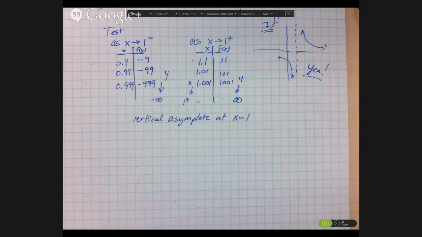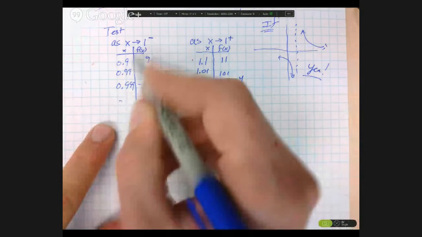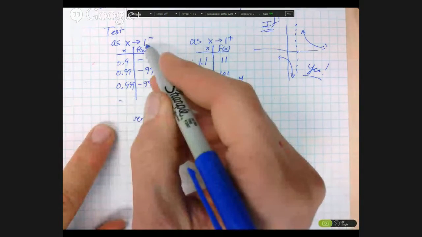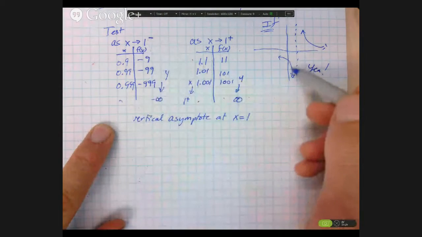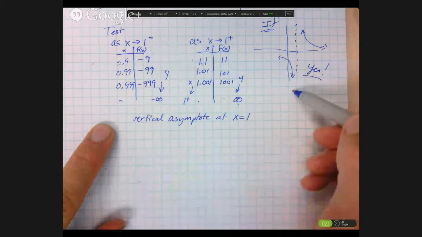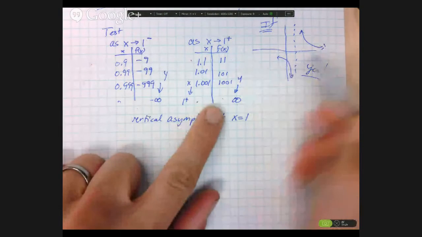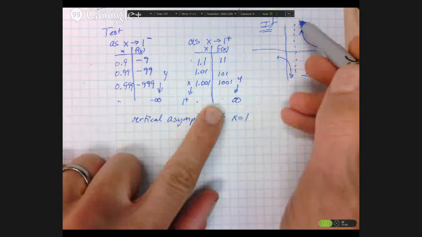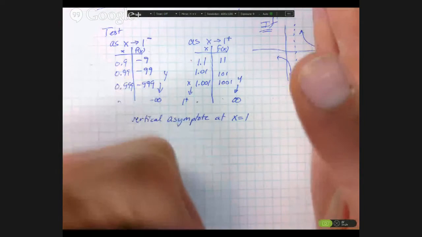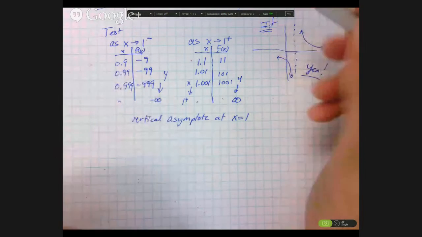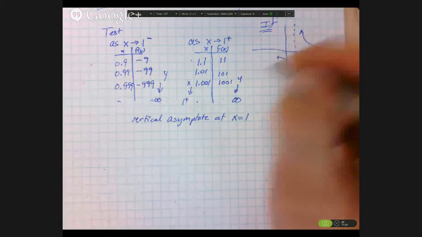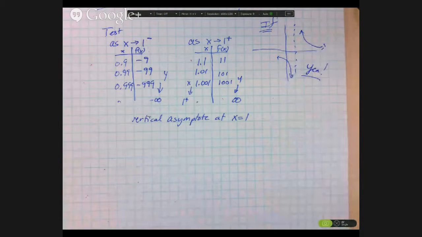Because as x approaches 1 from the left, y goes to negative infinity. As x approaches 1 from the right, y goes to infinity. So we're going up and down. So it has to be an asymptote. If it was a hole, it would go to a specific number.